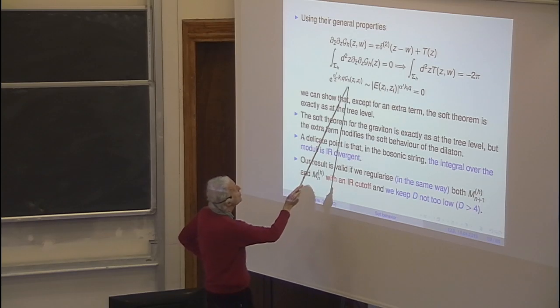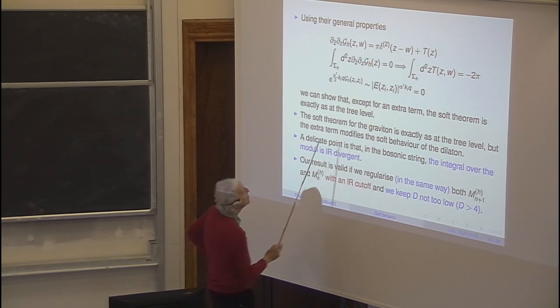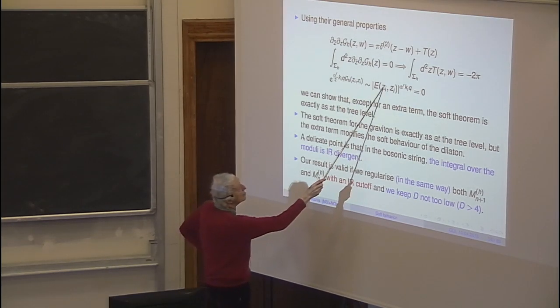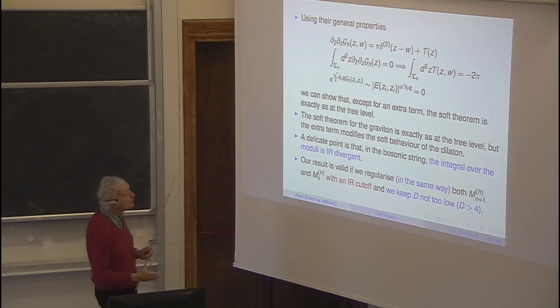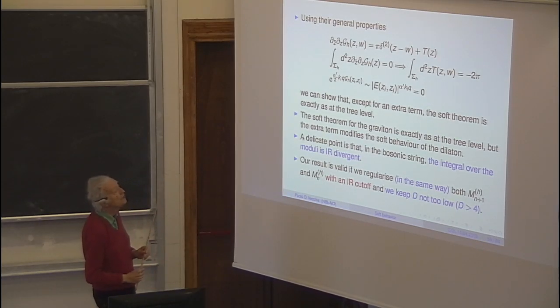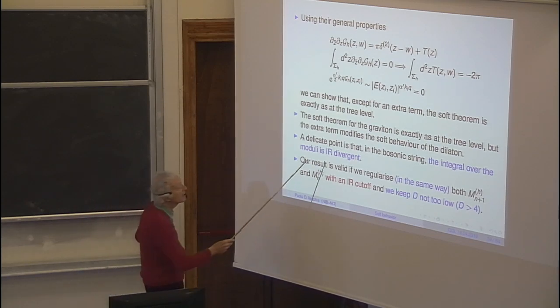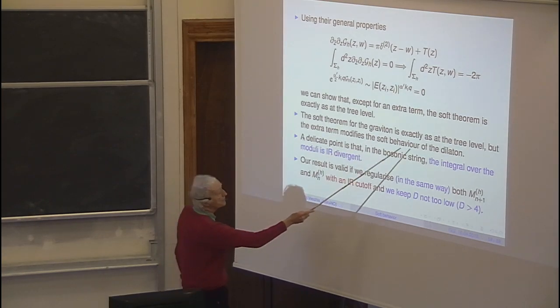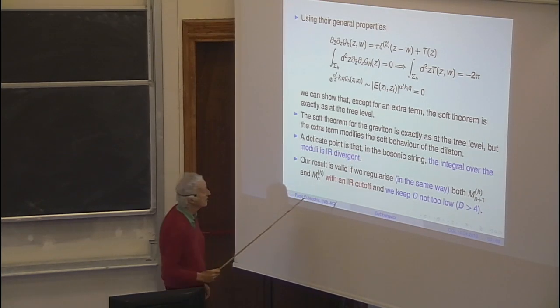And you need to know that the Green function at the same point goes to 0 here, because the prime form goes to 0. These conditions are the only conditions that you need to recover the soft theorem. And so you get exactly the same soft theorem as at the tree level for the graviton. For the dilaton, you get an extra term.